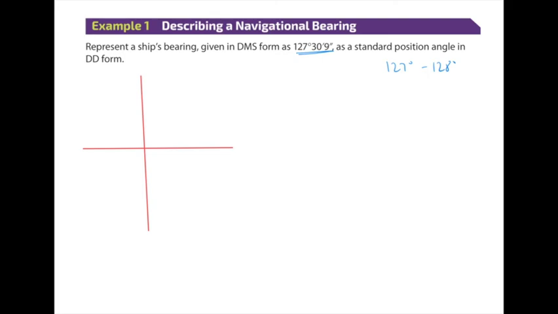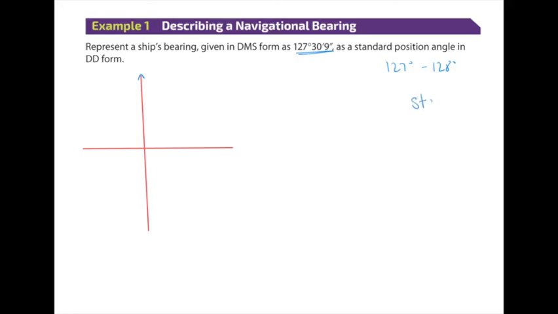Now, standard position would tell me to start here and go this direction, 127 degrees. But bearing for a ship actually tells me to start due north, which hopefully all of you know where north is. And it tells me to go clockwise, all right? So a couple things I want to point out before we do this one.